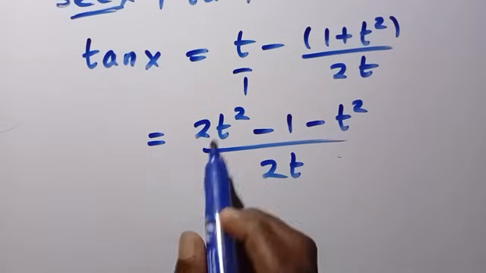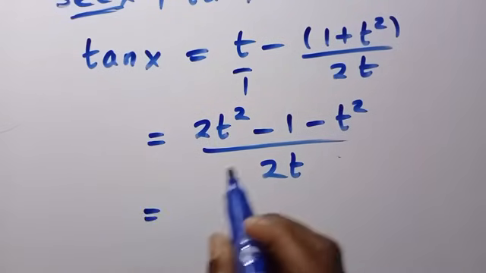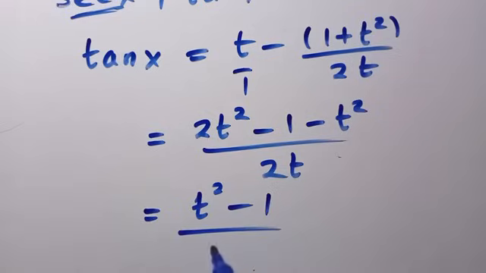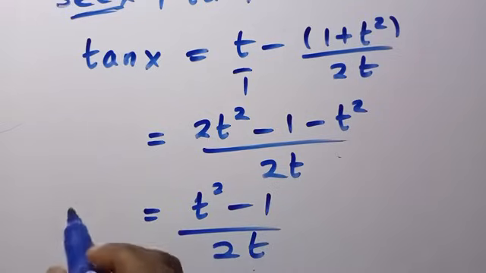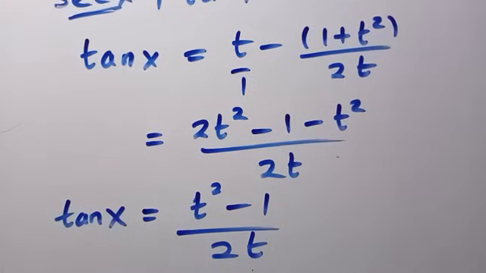Then 2t squared minus t squared equals t squared minus 1 divided by 2t. And this is the value of tan x. So we have gotten tan x and we have gotten sec x.